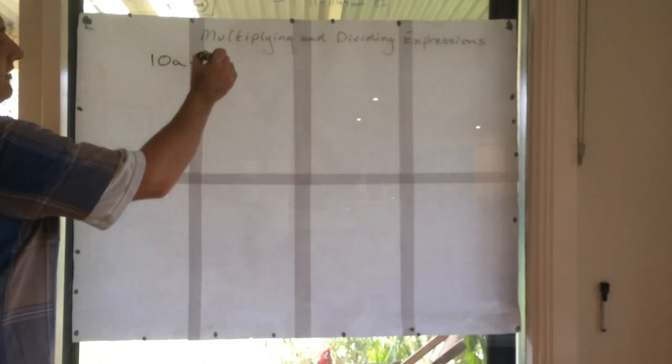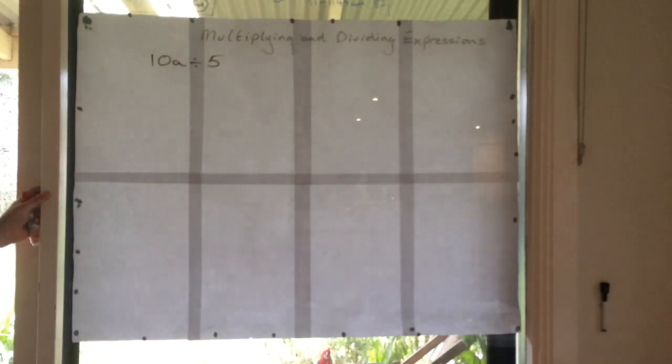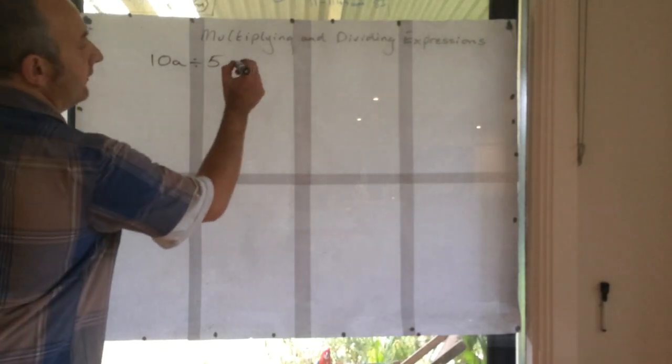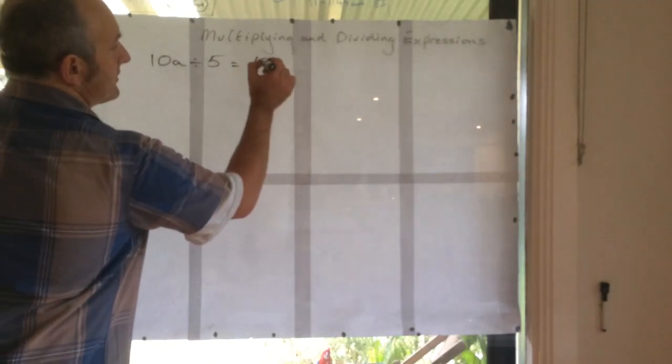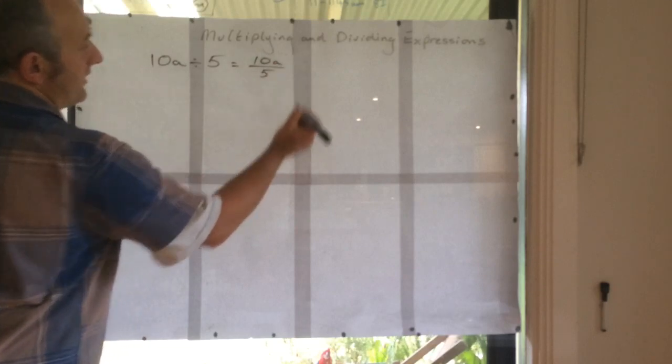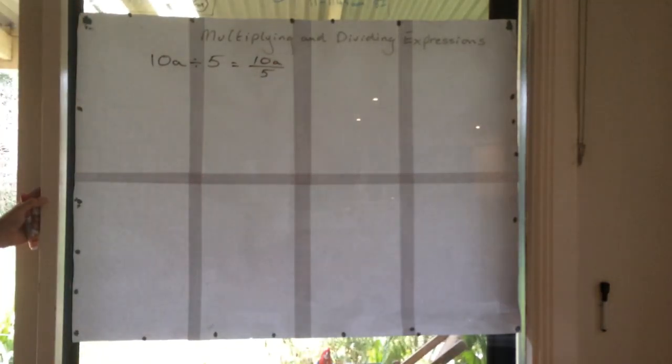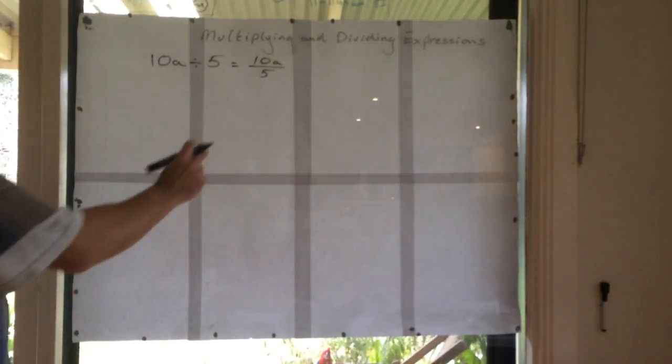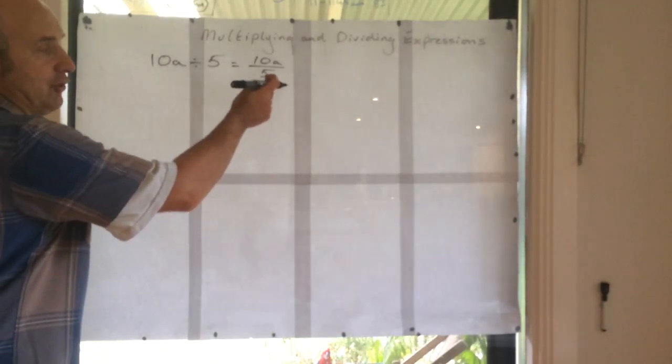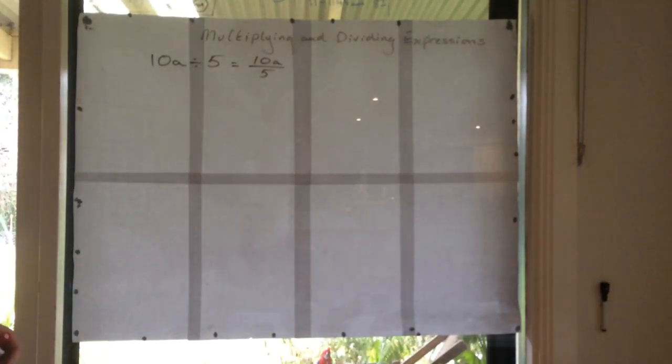10a divided by 5. Okay, so what I'm going to do is write this as a fraction. In fact, all the questions this week are as a fraction. Now, I see 10 lots of A, and I'm going to share it between 5 people.